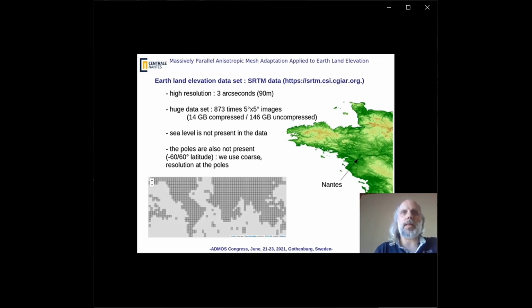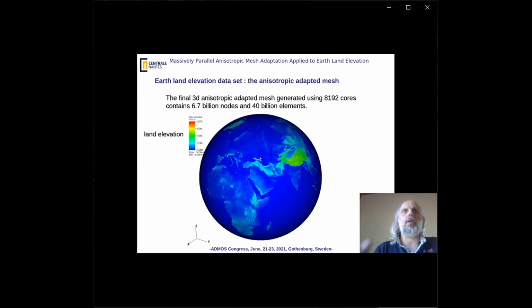Using that data set and parallel computing, we have been able to build a final anisotropic adapted mesh in 3D using 8 kilocores, and this final mesh contains around 7 billion nodes and 40 billion elements. This is an image of the Earth with land elevation: Himalayas, Alps, and so on.